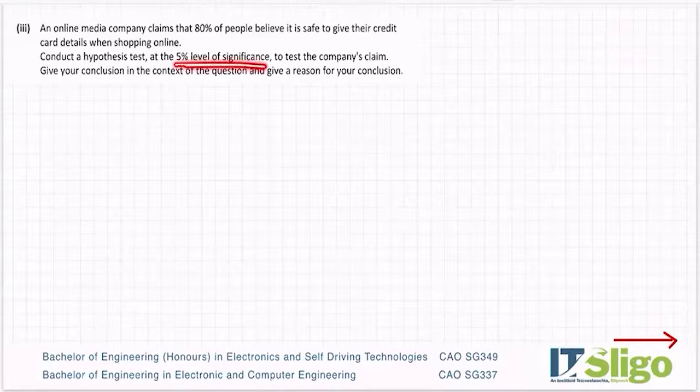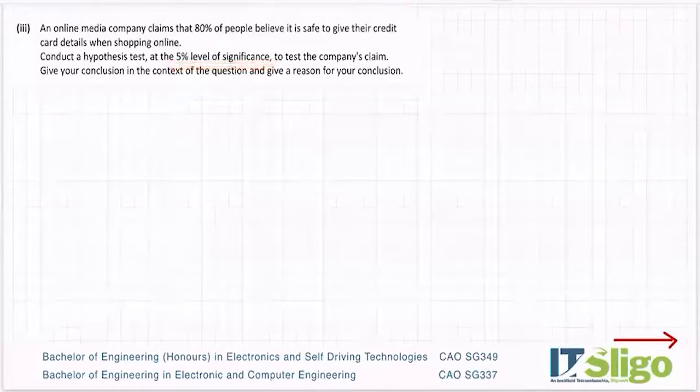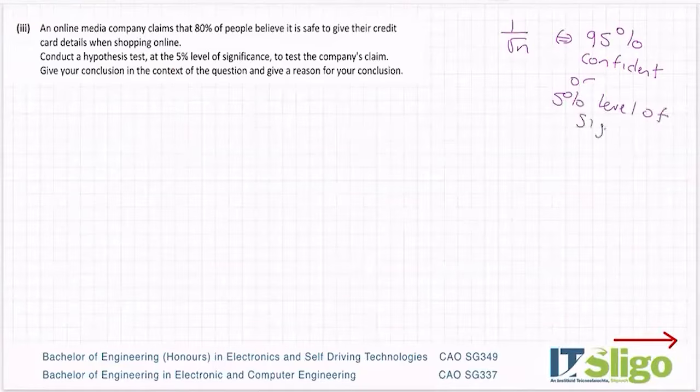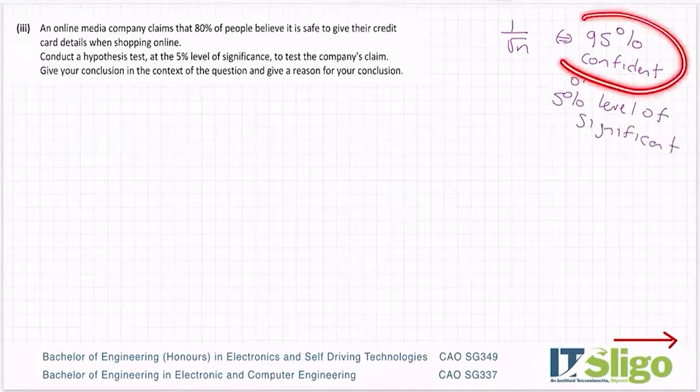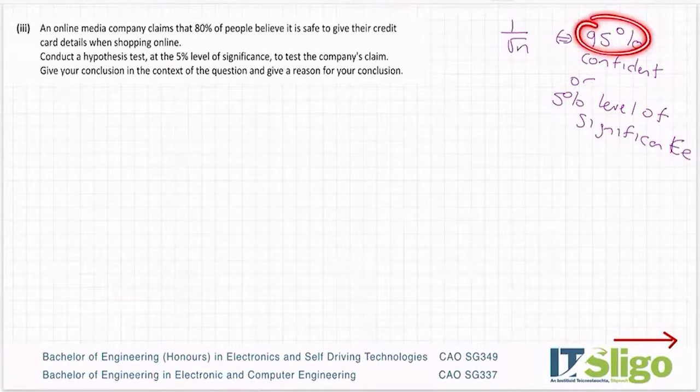The 5% level of significance, that is built into 1 over root n. So 1 over root n is a specific formula for being 95% confident of your answer or 5% level of significance. I'll explain that in a sec. So you're either 95% sure or you're 5% unsure, because it has to add to 100.